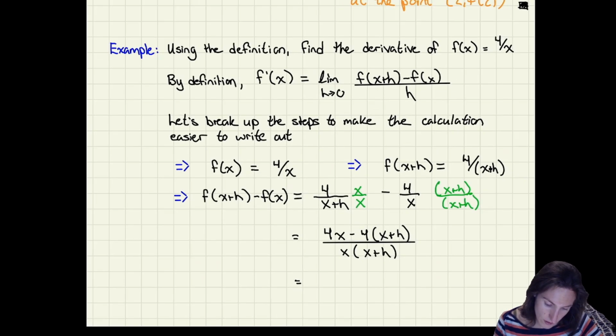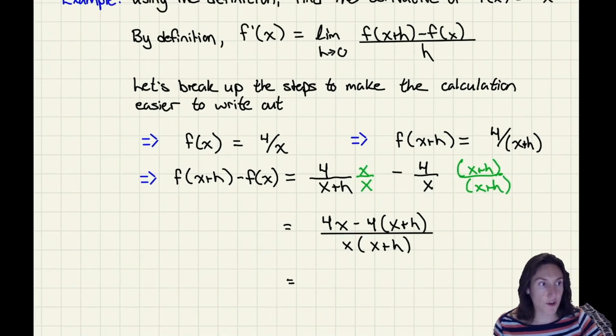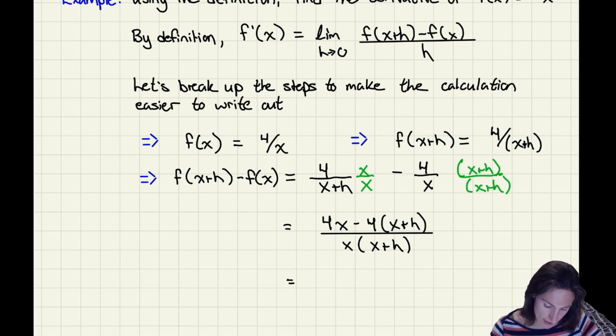all divided by x times x plus h on the bottom. Now, if you wanted to, you could expand the bottom, but for now I would say just leave it because maybe we're going to be able to more easily cancel things out. It may be a little bit easier to see what happens. Now let's expand at least the top because there we're going to be able to simplify it. So we have 4x minus 4h, so we distribute that 4.